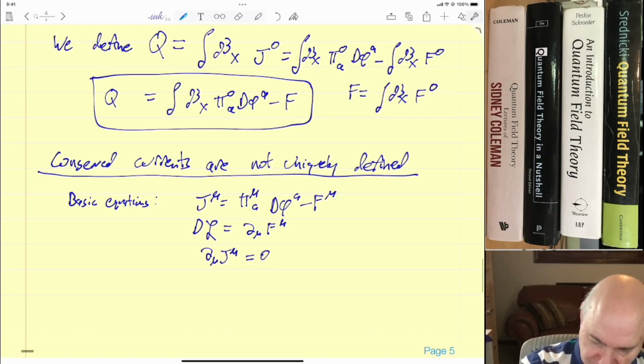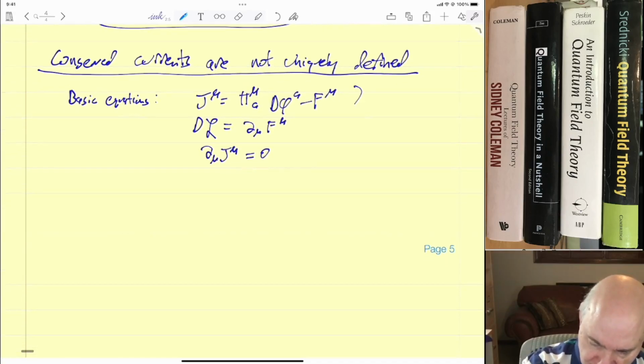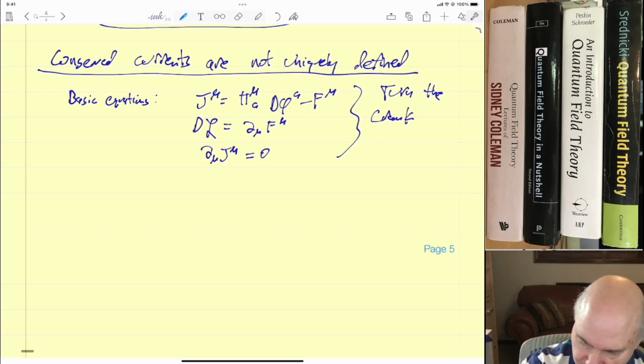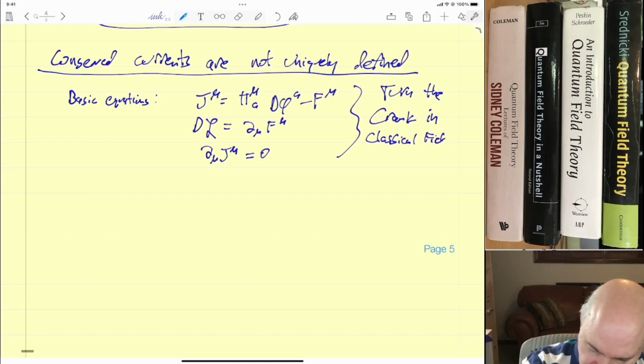These are the basic equations in classical field theory.